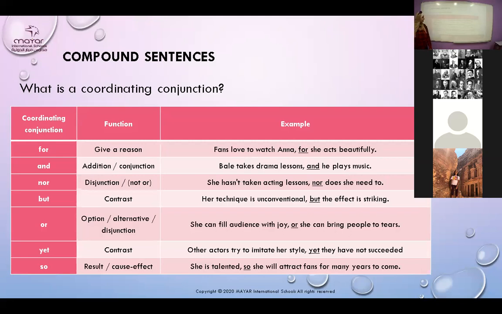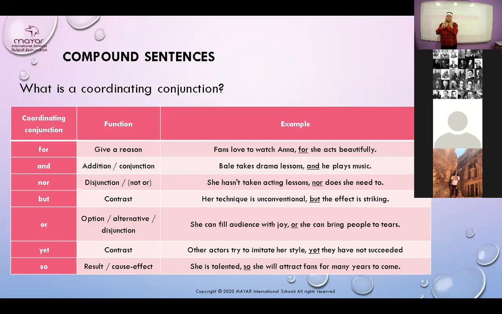So gives the result. So and for are opposites. That means in a compound sentence, if you are using for and you switch the independent clauses, you use so. For and so are used with the same independent clauses, but you have to switch.